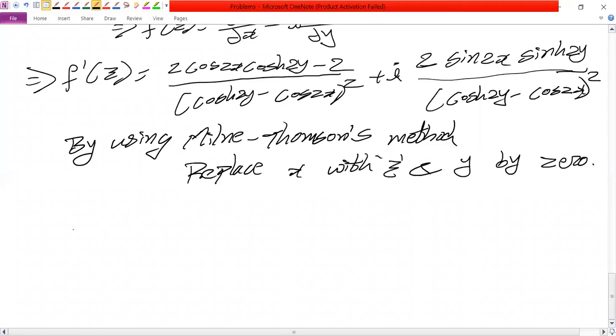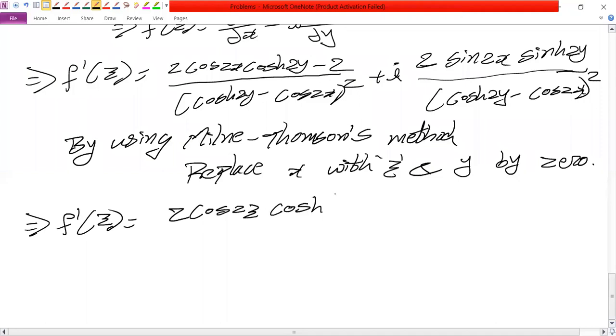Okay. So if we do this, we get f dash of z equals 2 cos 2z cosh of 2y, y value 0.